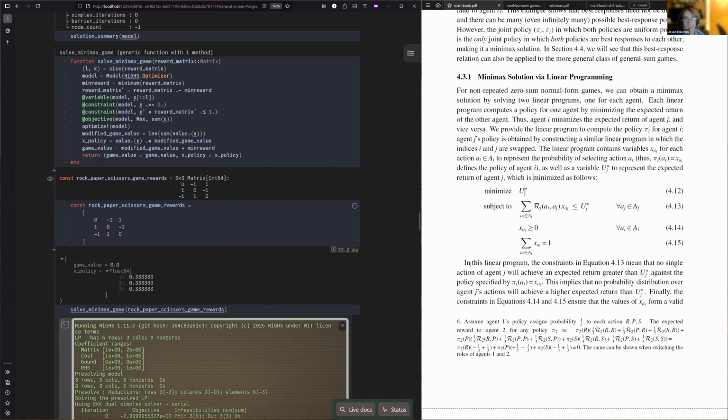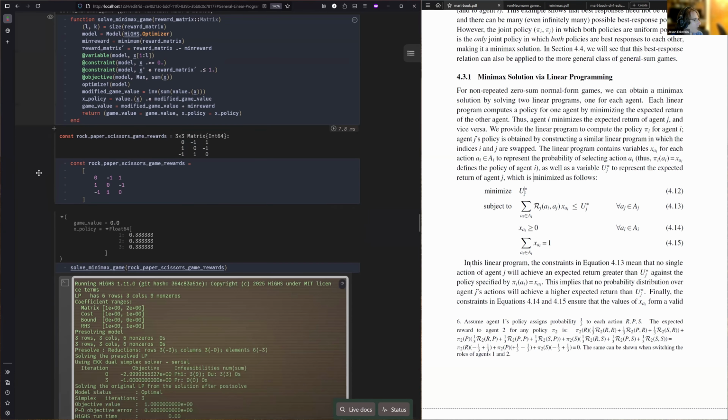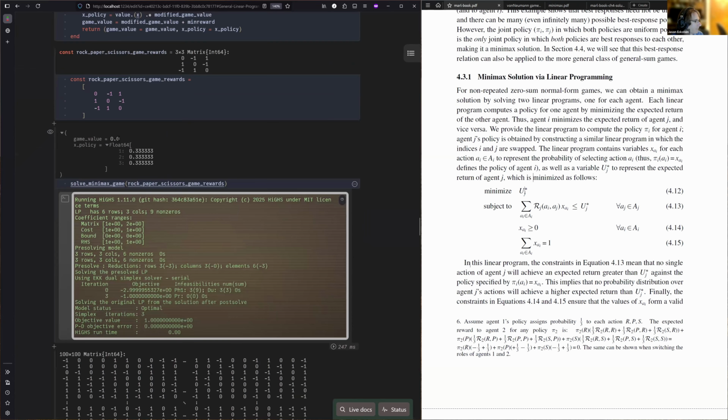So for each player, whatever action you take, if your actions match, then it's a draw. And then there's one case where you lose and one case where you win. And that's just represented by this matrix. And then this is applying the linear solver to the rock, paper, scissors game. And we see the game value is 0, and the policy is uniformly random, which there's a note about this here.